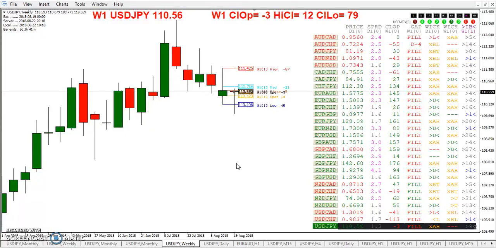And then we can see right here on the weekly, it crossed below the weekly low and came back up. The open. And so now we're just 3 pips below the weekly open.